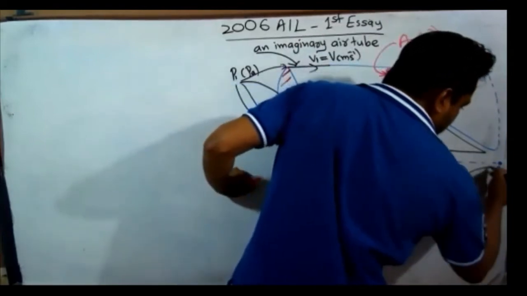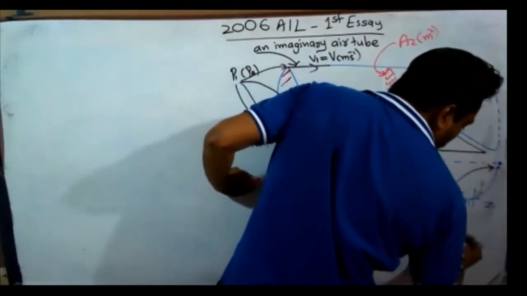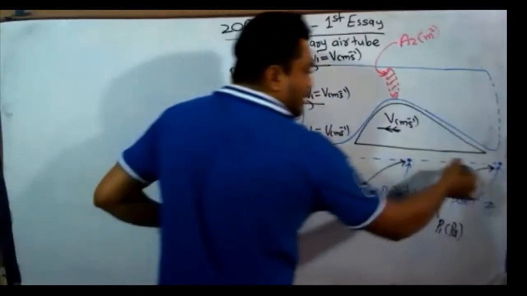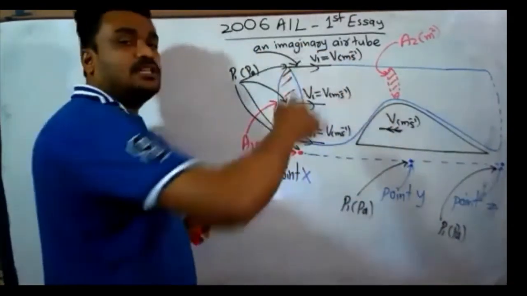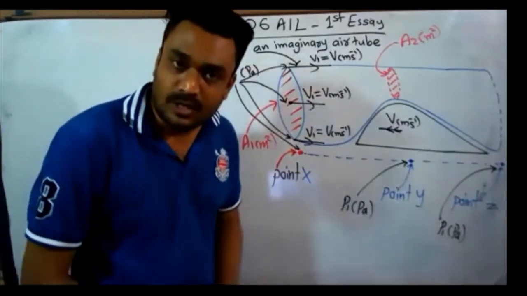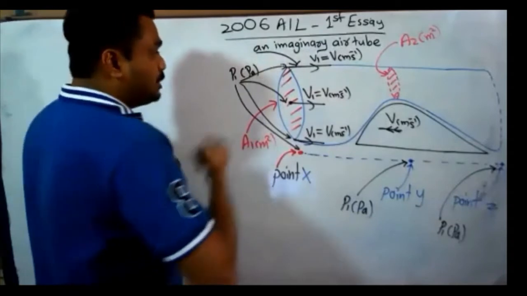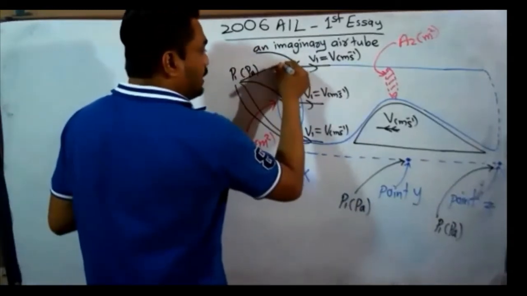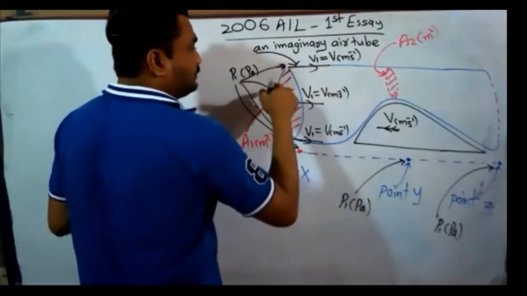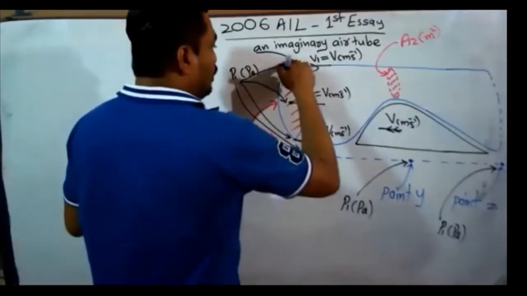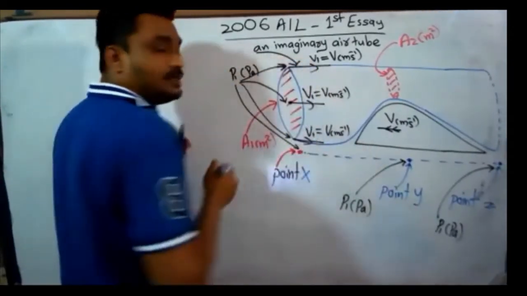Pressure at z is also P1 Pascal. So all the points are in the same atmosphere and at rest relative to the ground. Therefore, all those points will have the same pressure. Can you understand here?